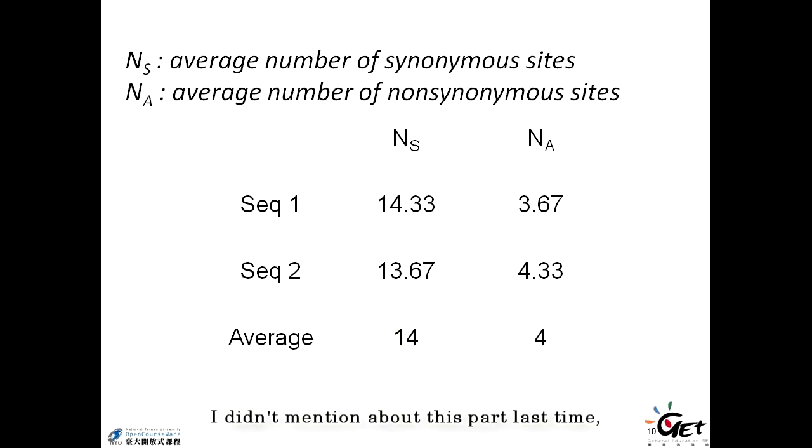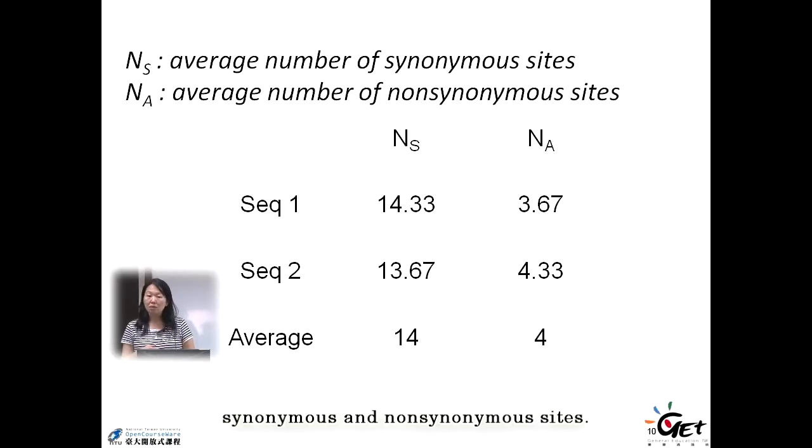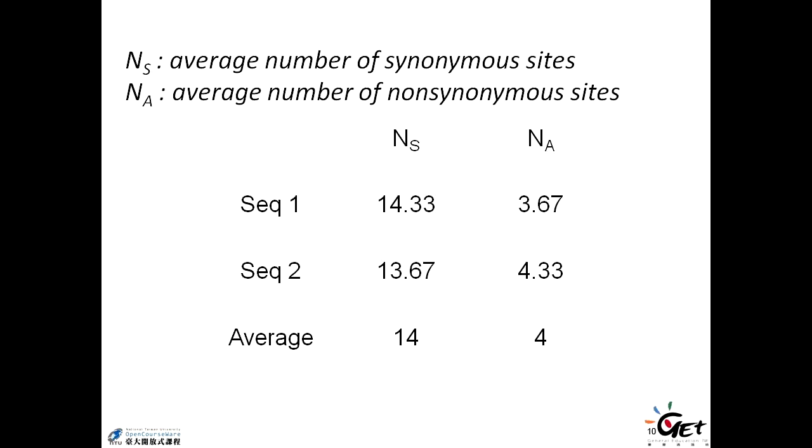I didn't mention this part last time. I only used one sequence as an example to discuss how we calculate synonymous and non-synonymous sites. But since you have 2 sequences, in the real calculation you have to average the 2 together. That's the slide showing here.